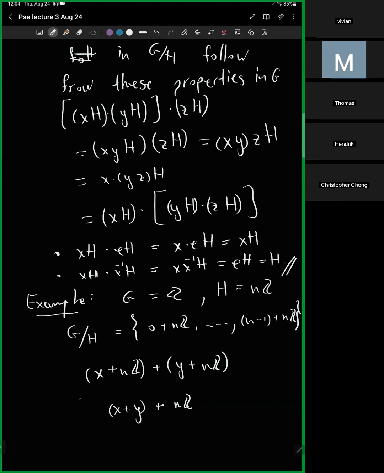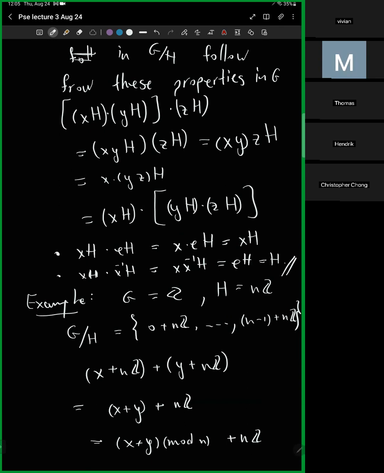But we saw that x plus y plus nZ is the same as x plus y mod n plus nZ. Two cosets in this running example are equal if and only if their representatives are equal up to modulo n.